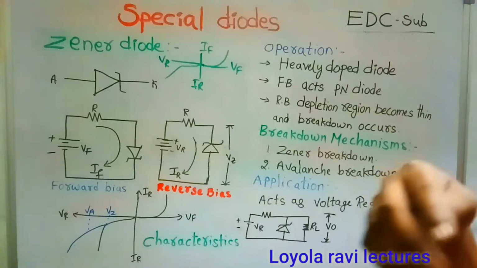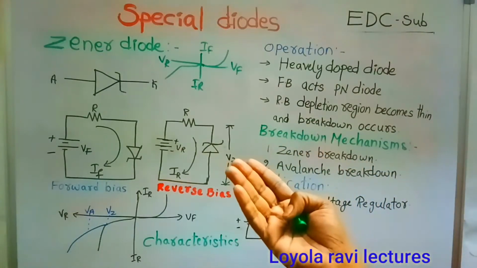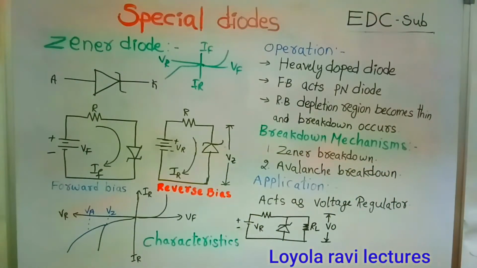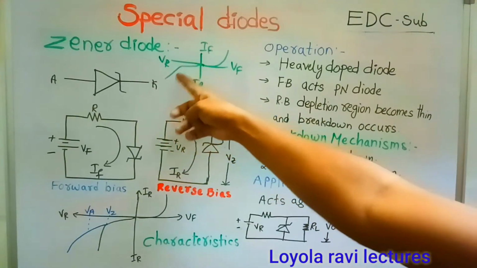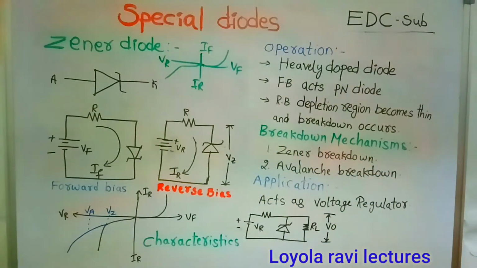After some particular reverse bias voltage, the minority charge carrier concentration increases and the current increases rapidly. There is a sharp increase in the current. Because of that, the PN junction diode may get damaged. That is the drawback in the PN junction diode in reverse bias.